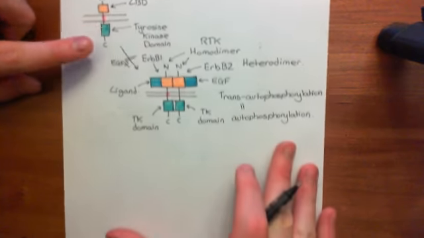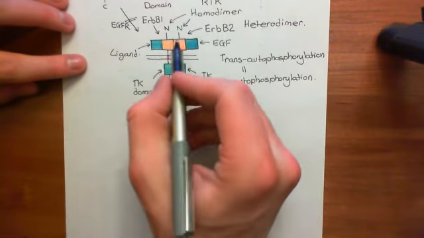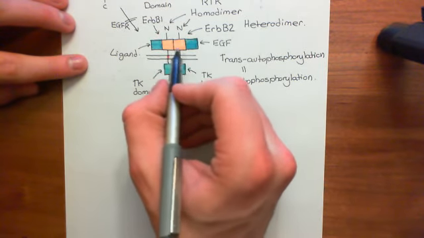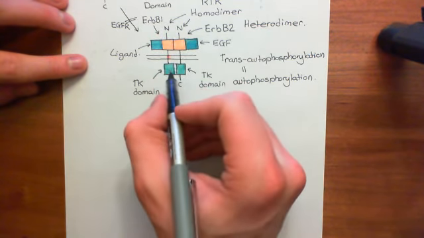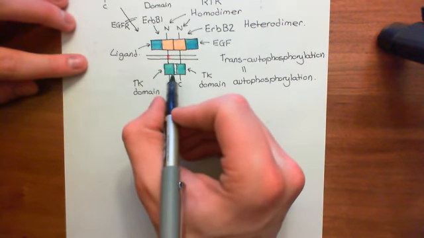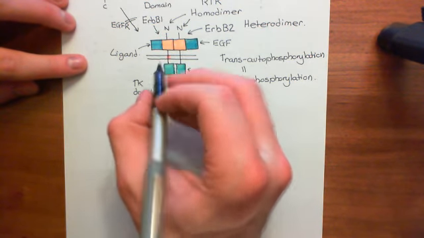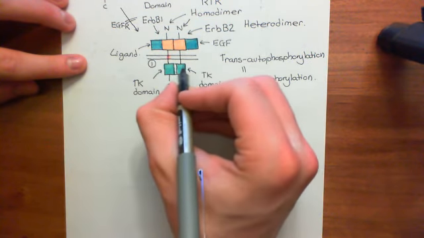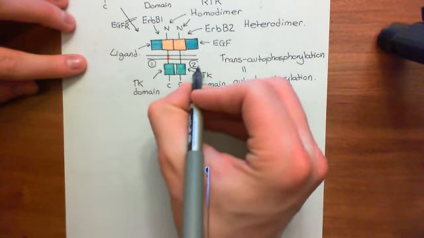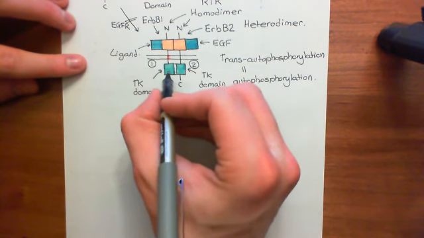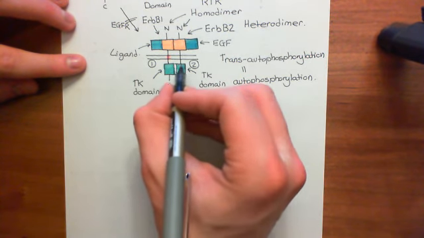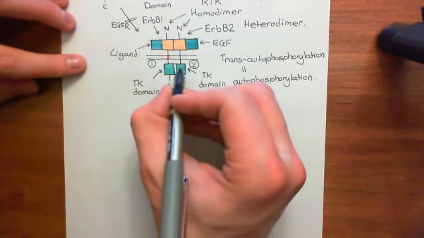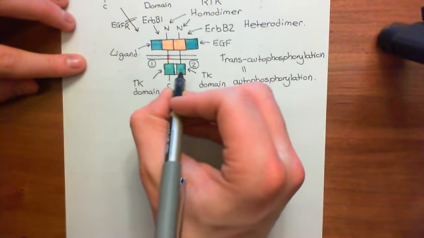So what's now going to happen is when you bring the two receptor tyrosine kinases together like this, you're going to get this tyrosine kinase domain here, we'll call tyrosine kinase domain number 1, and this one here tyrosine kinase domain number 2. Tyrosine kinase domain number 1 is going to phosphorylate tyrosine residues within tyrosine kinase domain number 2.